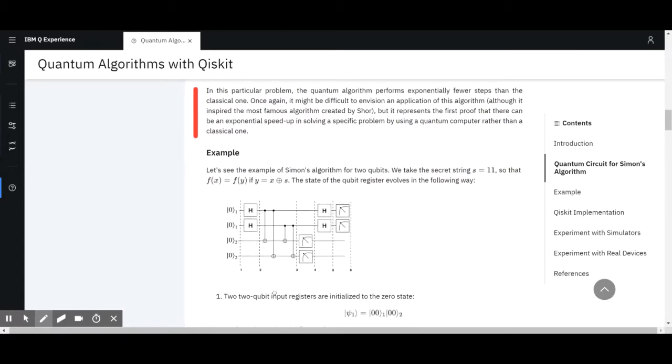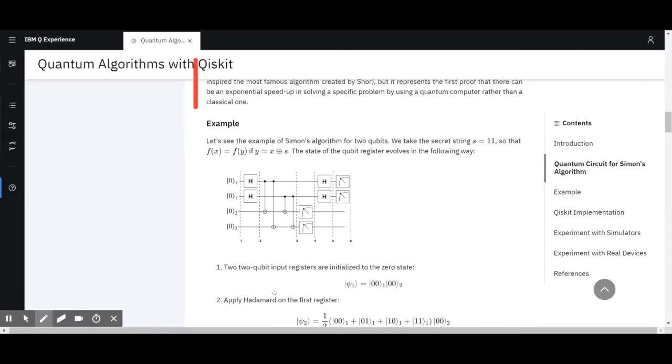Let's see the example of Simon's algorithm for 2 qubits. We take the secret string 1, 1, so that fx equals fy if y equals x plus s. So that's a bitwise plus mod 2. The state of the qubit register evolves in the following way.